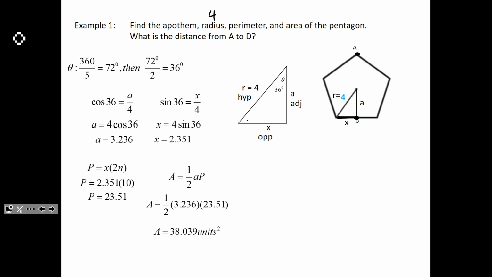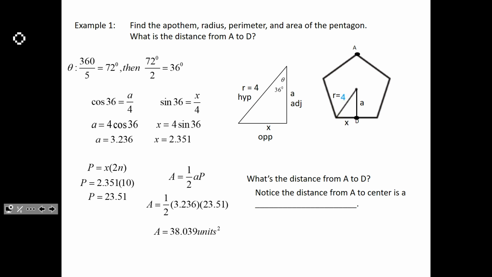So then the last thing we have to answer, they ask what is the distance from point A to point D. So A is up here, D is down here, right? Well, from A to D, first we consider what the portion is from A to the center.